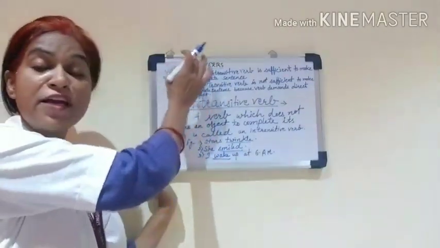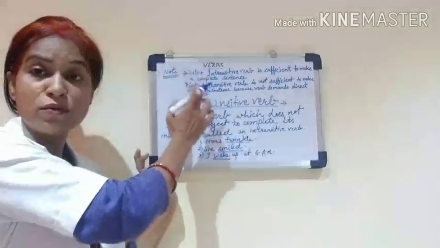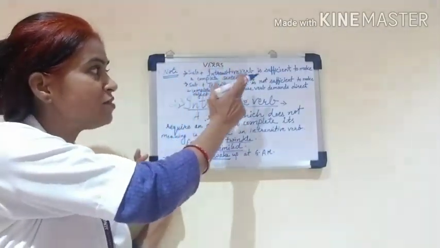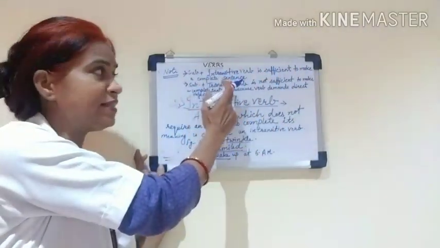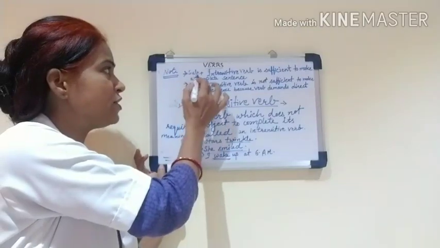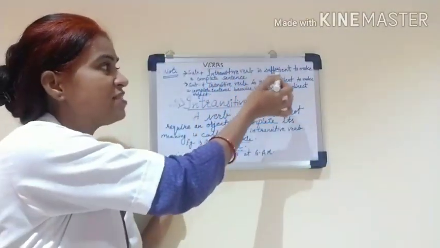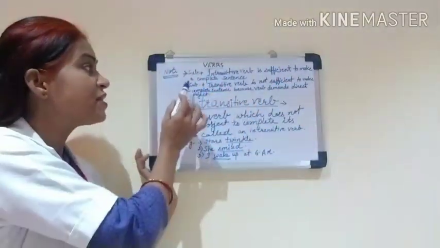Look here, very important. Note what is very important here. Subject plus intransitive verb is sufficient to make a complete sentence. Very important. Subject plus intransitive verb is sufficient to make a complete sentence.